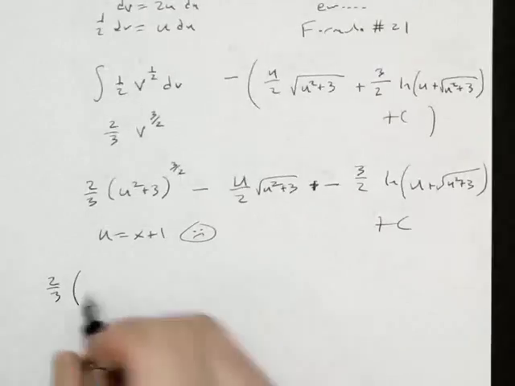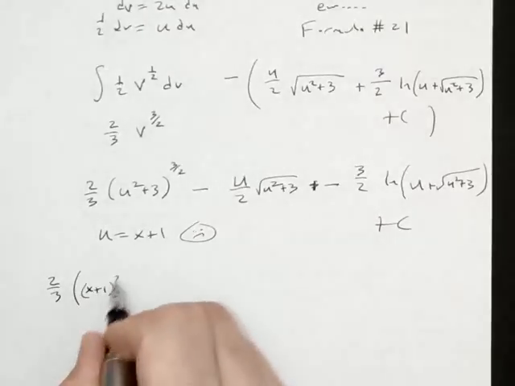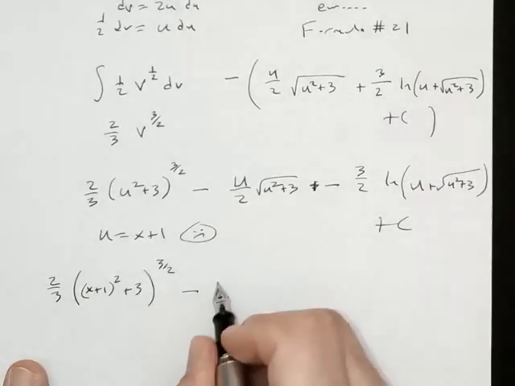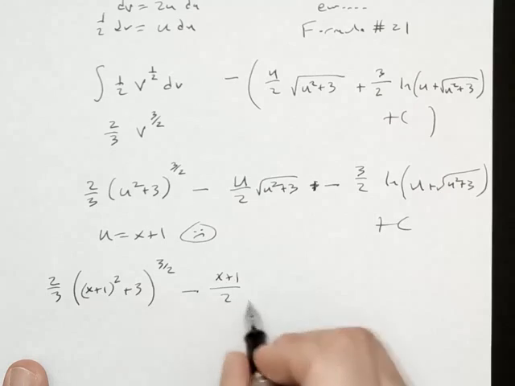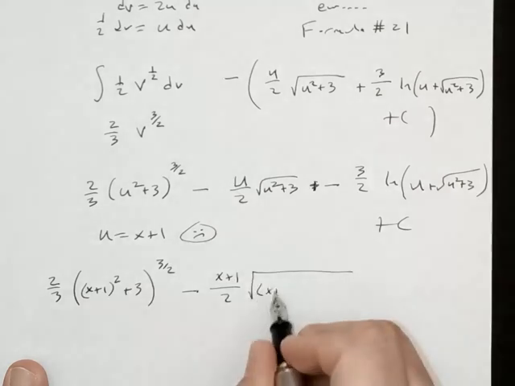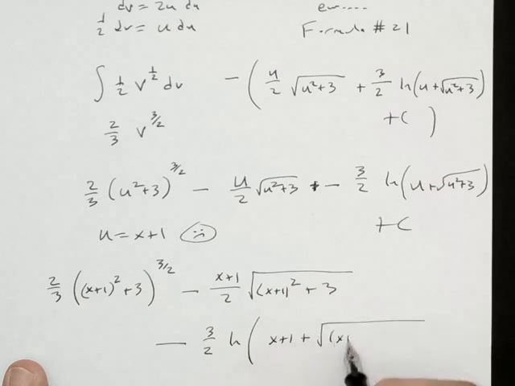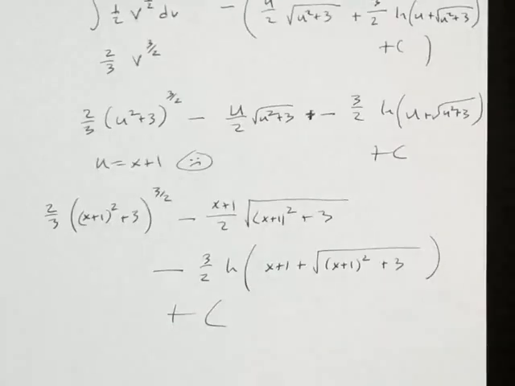Two-thirds parentheses x plus 1 squared plus 3 to the 3/2, minus x plus 1 over 2 square root of x plus 1 squared plus 3, minus 3/2 ln of x plus 1 plus the square root of x plus 1 squared plus 3, plus c.